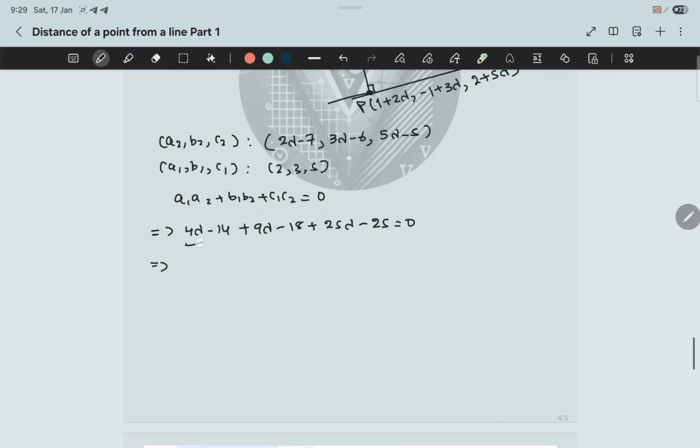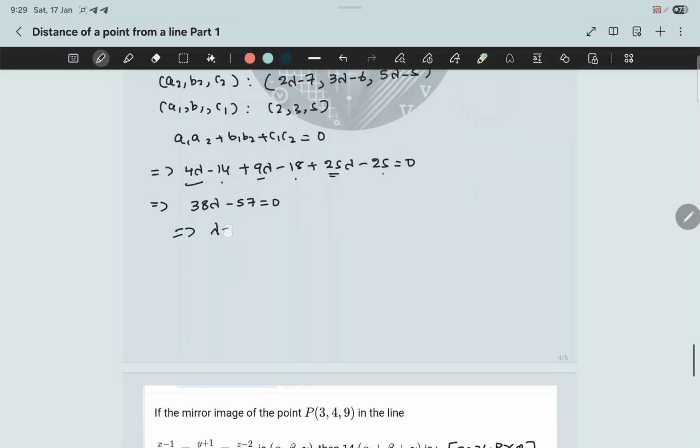So from this we get 4 lambda plus 9 lambda is 13 lambda. 13 lambda plus 25 lambda is 38 lambda, and 14 plus 18 is 32. 32 plus 25 is 57, but we have a negative sign, so we get minus 57.